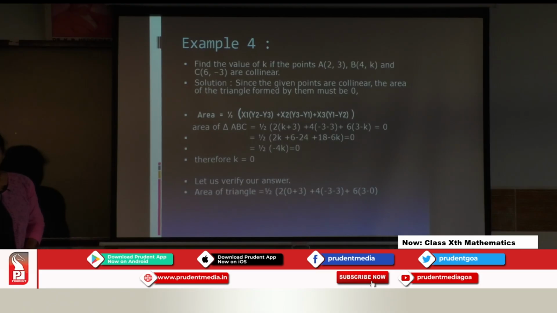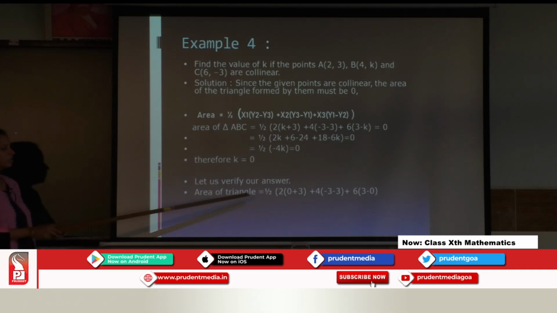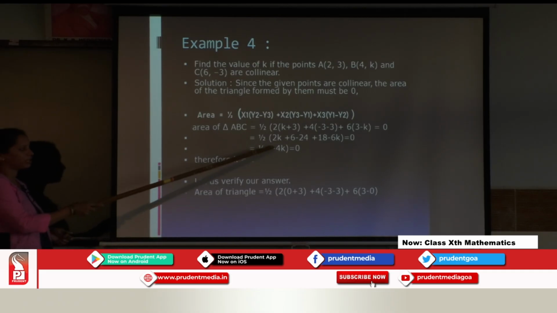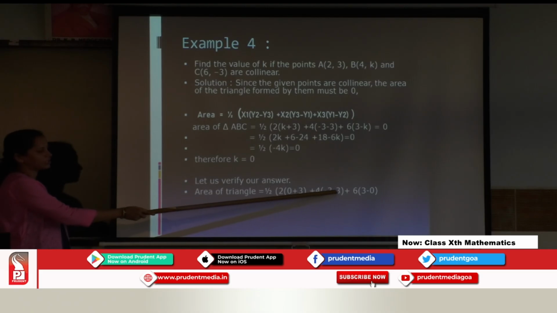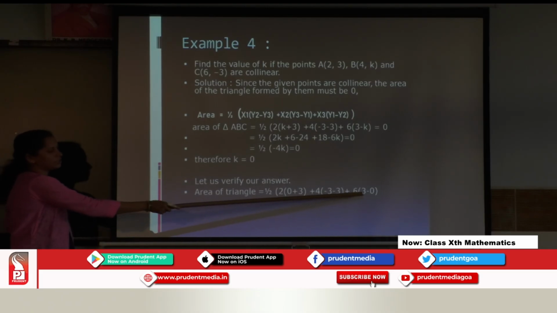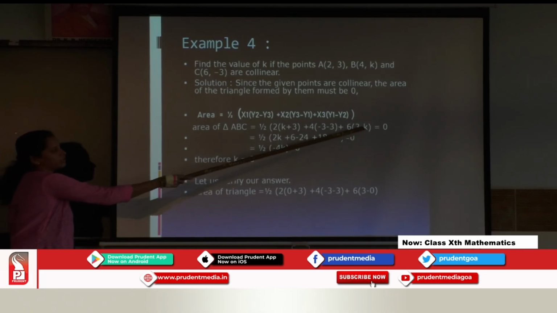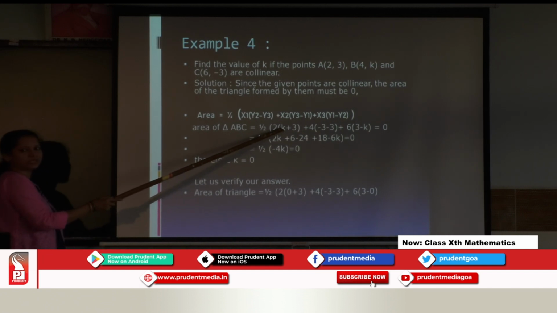Let us verify our answer. Area of the triangle equals half into, now we got k equal to 0, so we have to replace k with 0. So, half into [2(0 + 3) + 4(-3 - 3) + 6(3 - 0)]. In place of k we are putting 0.